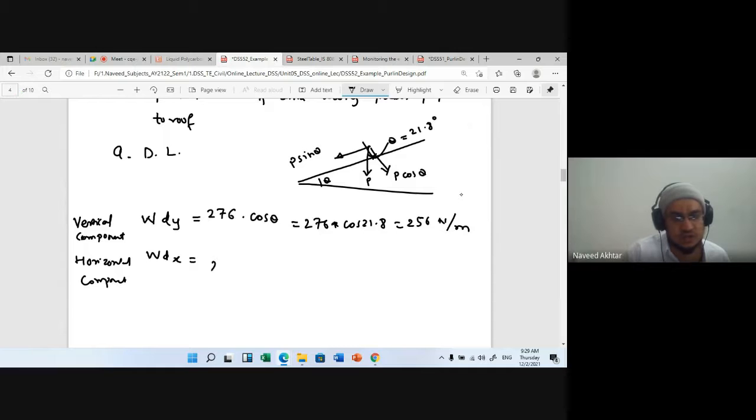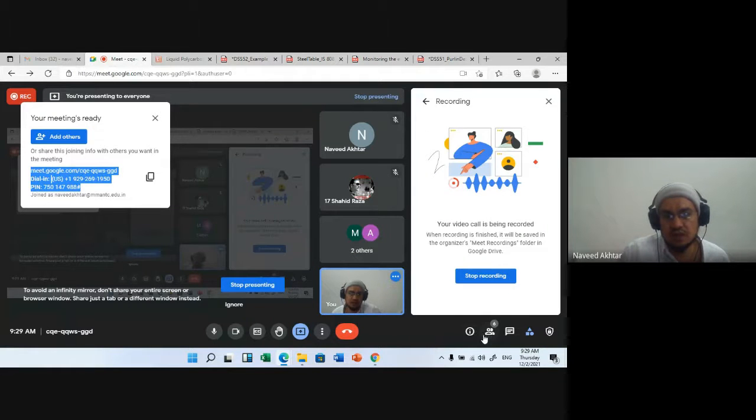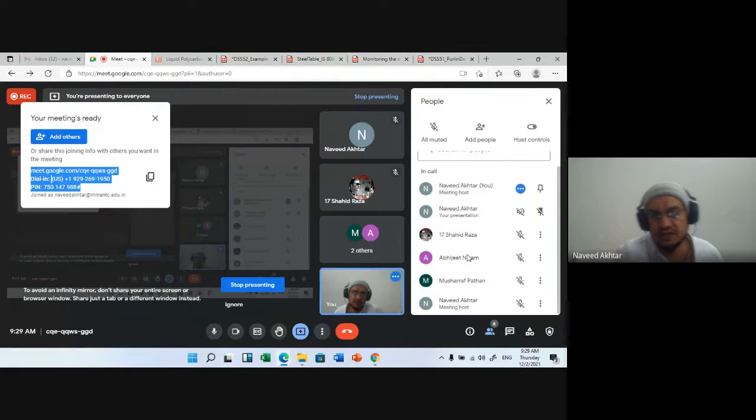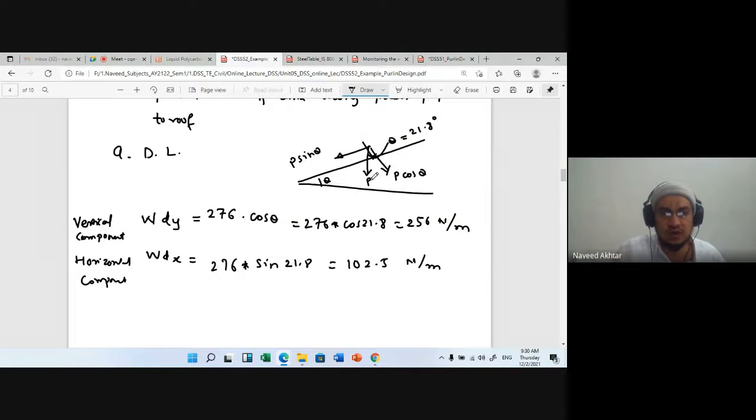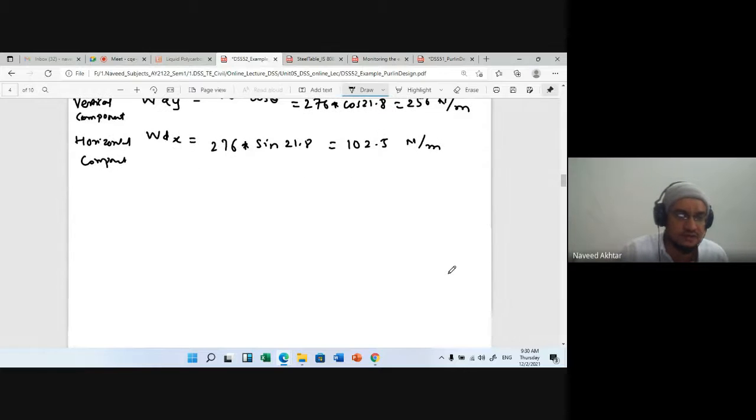So 276 into sine of 21.8 degrees, and it is coming to 102.5 Newton per meter. I think you are understanding this. Please do write it down.